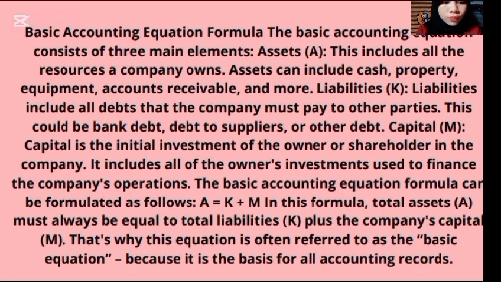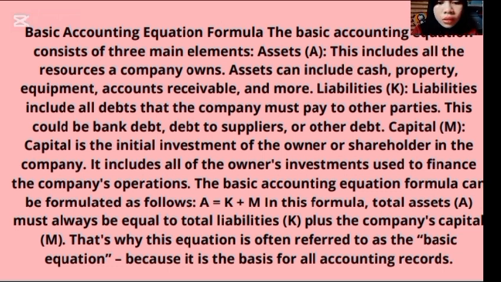Accounting equation formula. The basic accounting equation consists of three main elements. Assets, A. This includes all the resources a company owns. Assets can include cash, property, equipment, accounts receivable, and more. Liabilities.